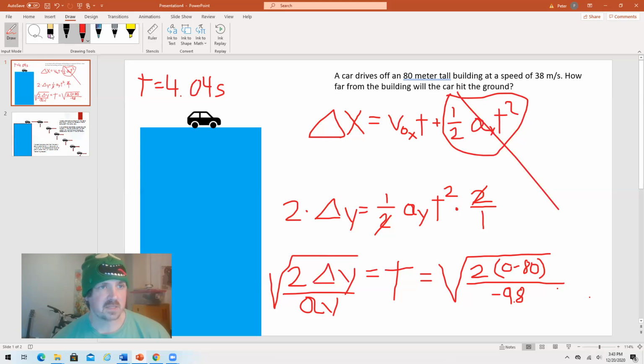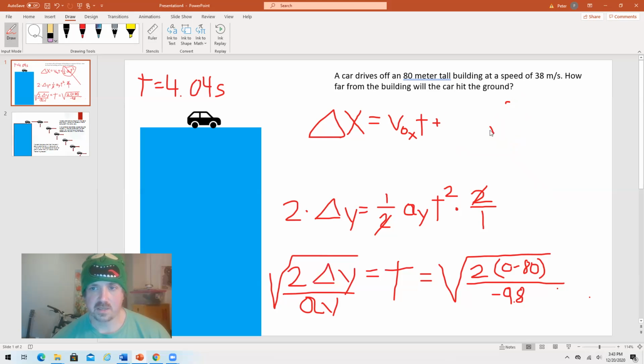We have the initial velocity and now we have the t. So it makes sense that we would just use that to calculate our final answer, which is how far from this building the car will actually go, right? So 38 meters per second multiplied by 4.04 seconds.